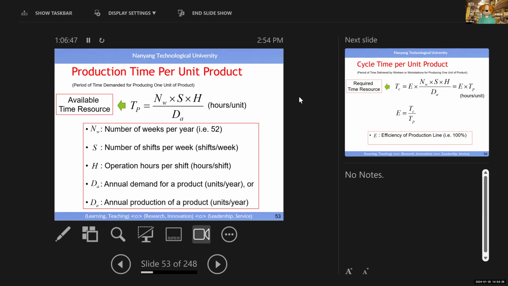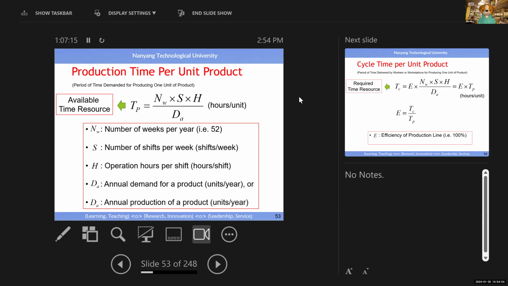So that means we need to determine the production time per unit product, right? This could be dictated by the inner capability of your production line or dictated by the marketing and sales department. For example, in your company, the marketing and sales department say I can sell 1 million cars per year.